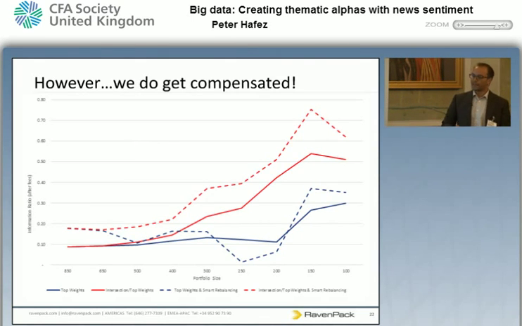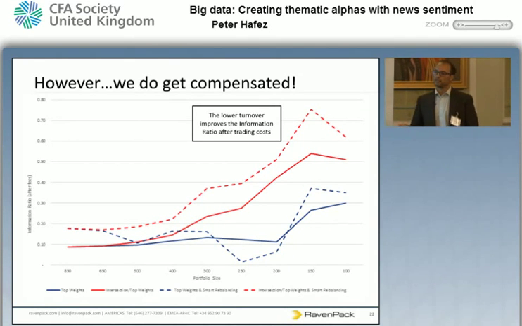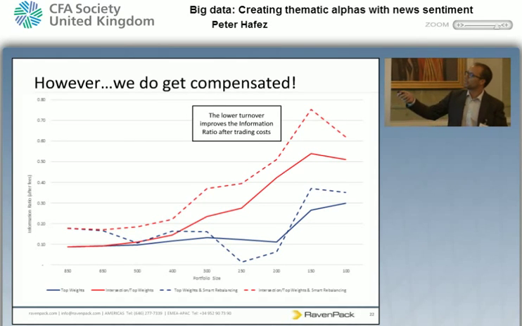But if we look at it after fees, and here we have just applied a relatively conservative level of fees, you can see that taking the intersection approach and the smart rebalancing, so just carrying over the weights from yesterday of the intersection, you're actually able to get the best performance out. So you do get compensated, and you get compensated by creating lower turnover portfolios.